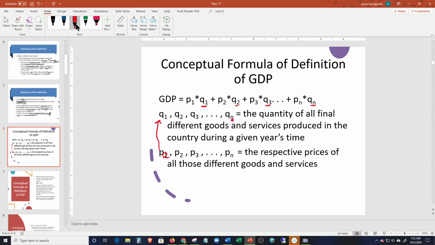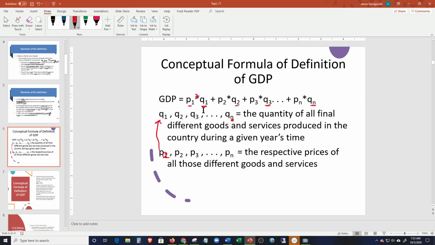And so what we do is we take the price times the quantity right here, and we add them all up. And so there could be millions of items here. So GDP would equal the money value of all the final goods and services produced in a nation in a given year's period of time.